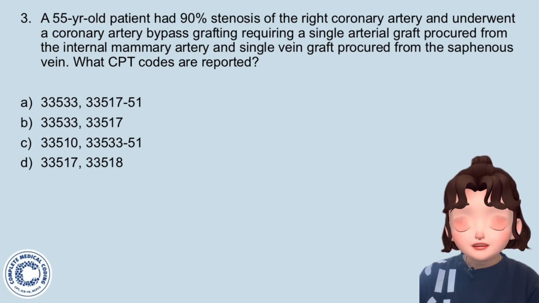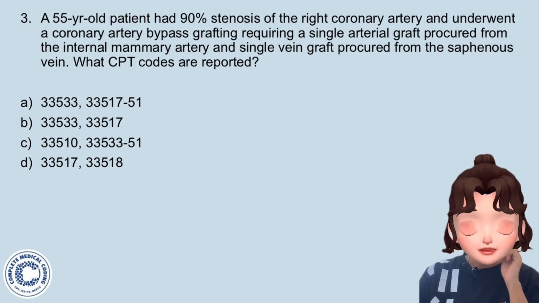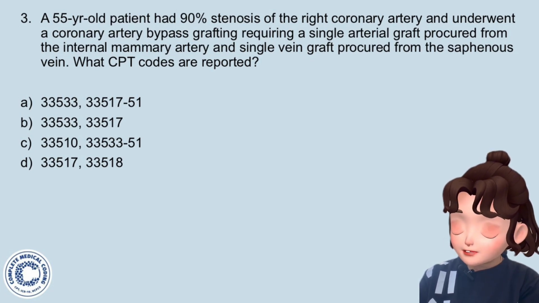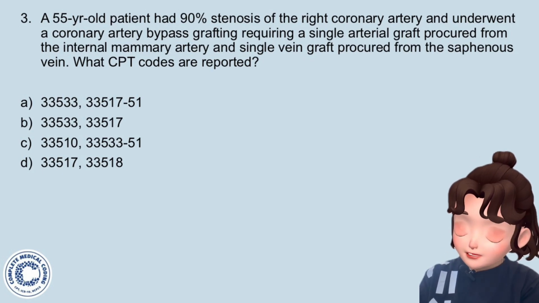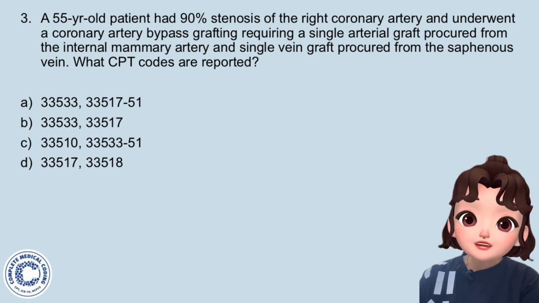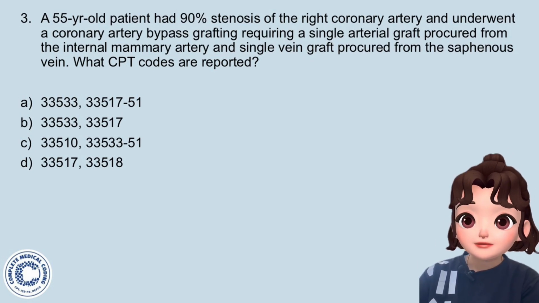What is the second one? 33517. 33517 is coronary artery bypass using venous graft and arterial graft, single vein graft, listed separately in addition to the primary procedure. Use 33517 in conjunction with 33533 because this is an add-on code. So CABG using a venous graft with a single vein graft. This is what we need, 33517, right?